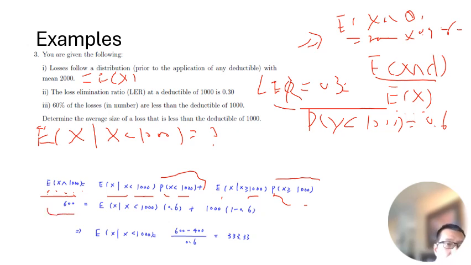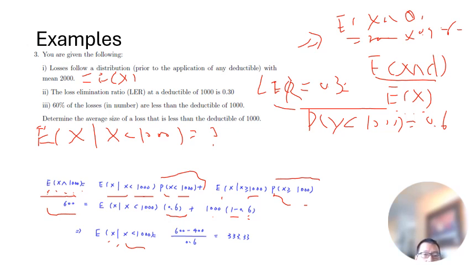Once we get that, we know the probability is 0.6. And the probability of X greater than 1000 is just 1 minus 0.6. So everything else is known. Then we can calculate this expected value of X given that X is less than 1000 to be 333. So it's solving the problem using the given information.